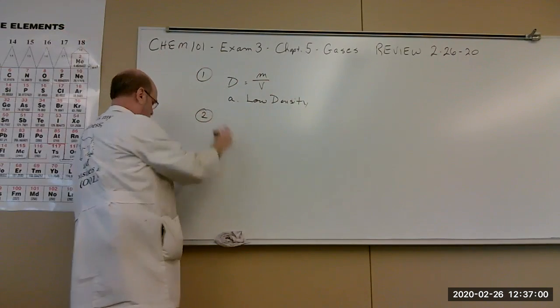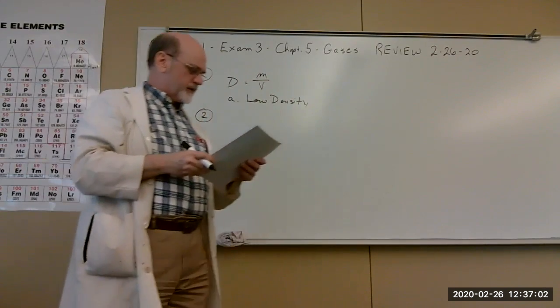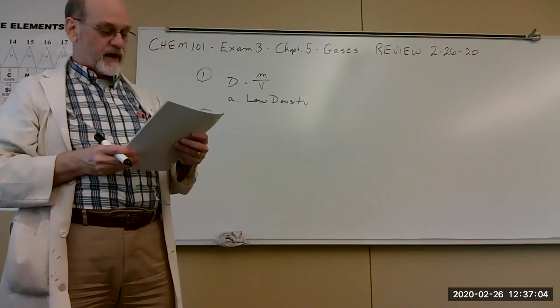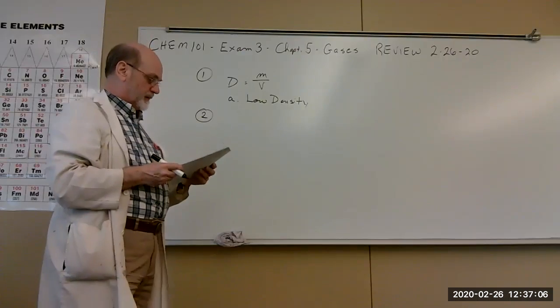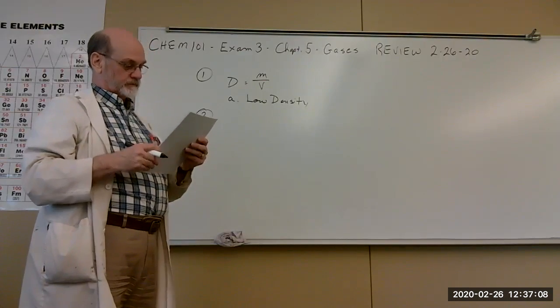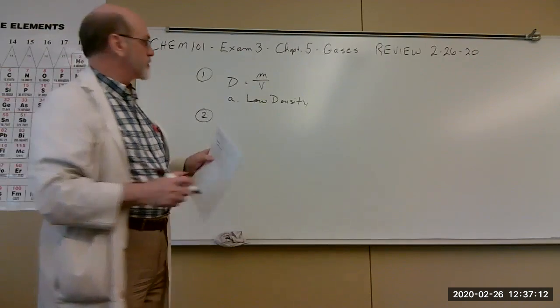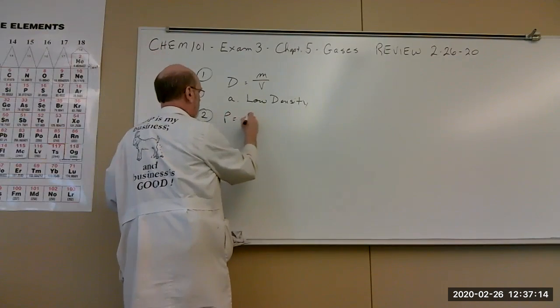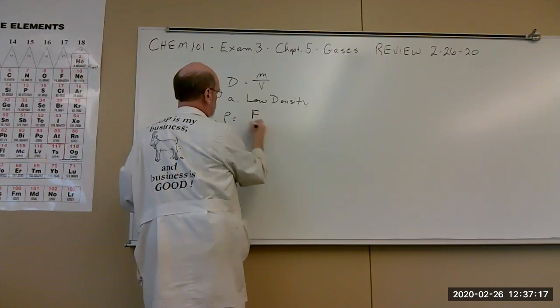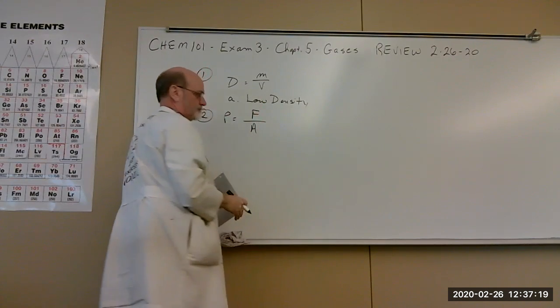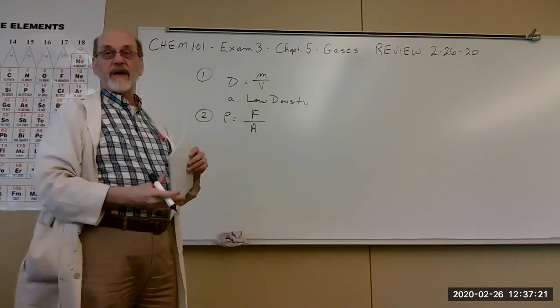Two, pressure is what? Defined as the mass that an object exerts when at rest. Sorry, that doesn't work either. Pressure is force per unit area. I didn't say anything about mass.